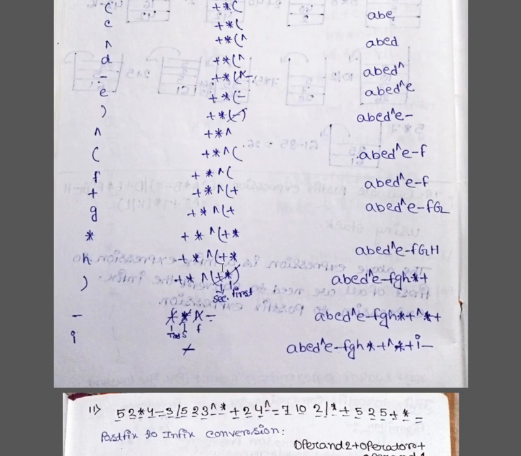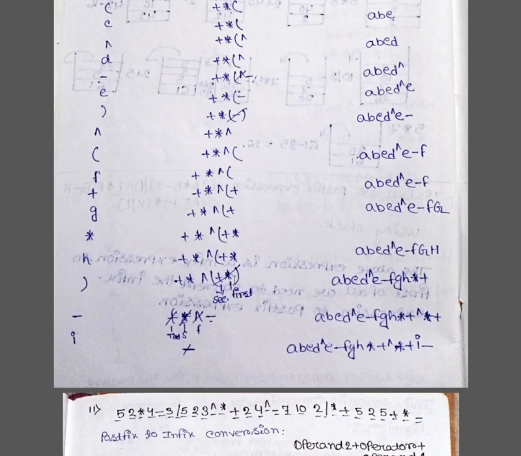And as per the LIFO principle, we have to pop out this multiplication operator first, and then we have to pop out this plus operator or addition operator. I think you are getting my point. This plus operator came first, and this multiplication operator came last.